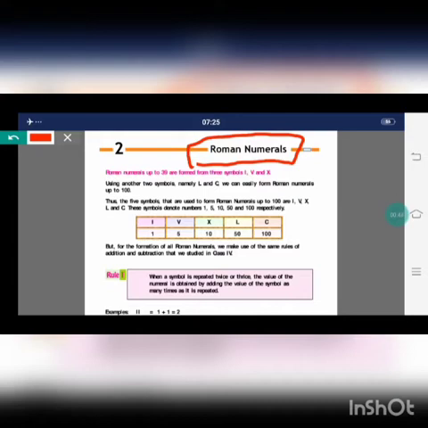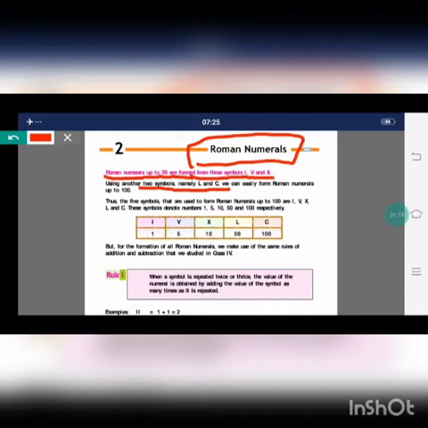Look here. Roman numerals up to 39 are formed from three symbols I, V and X. Using another two symbols, namely L and C, we can easily form Roman numerals up to 100.